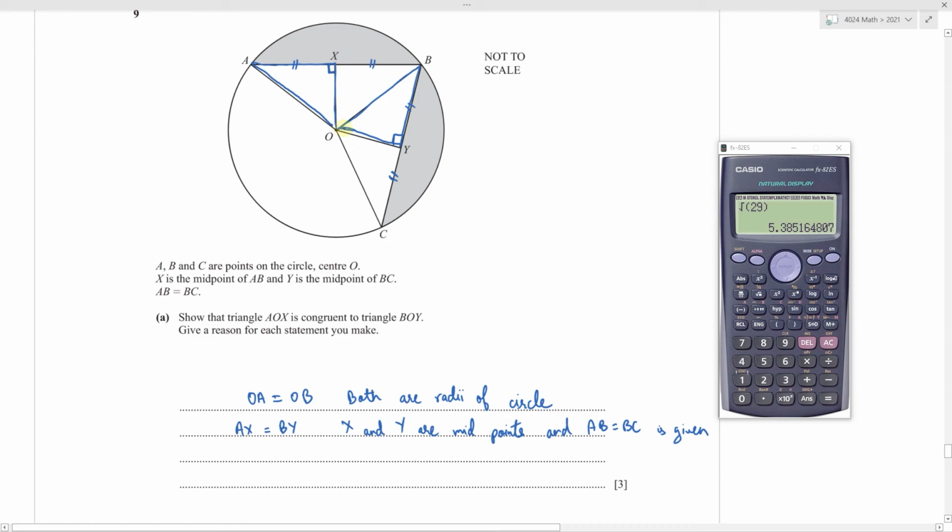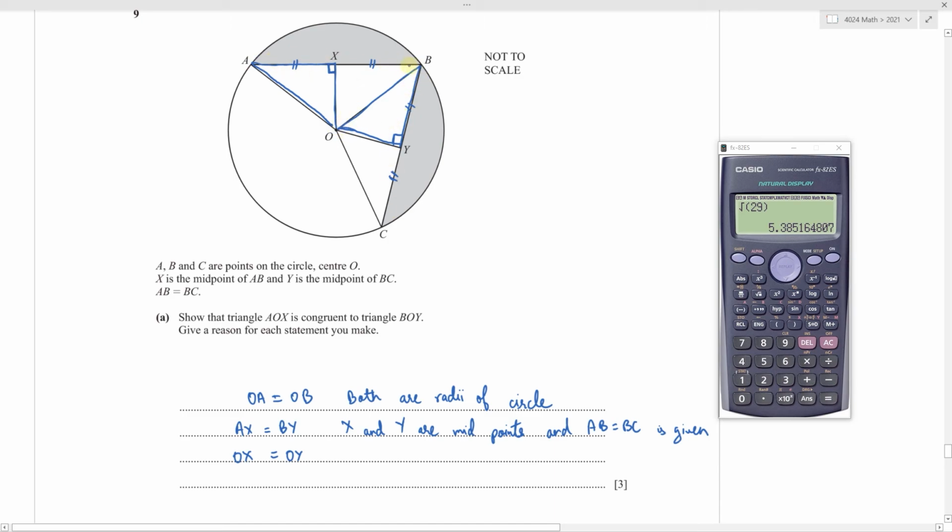Then OX is also equal to OY. The reason is you have two chords AB and BC. They are equal. And one of the circle properties is that the perpendicular distance of two chords that are equal in length is the same from the center of the circle.